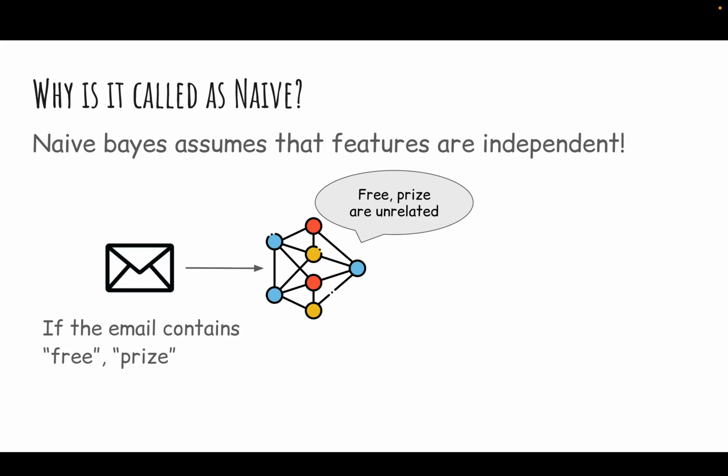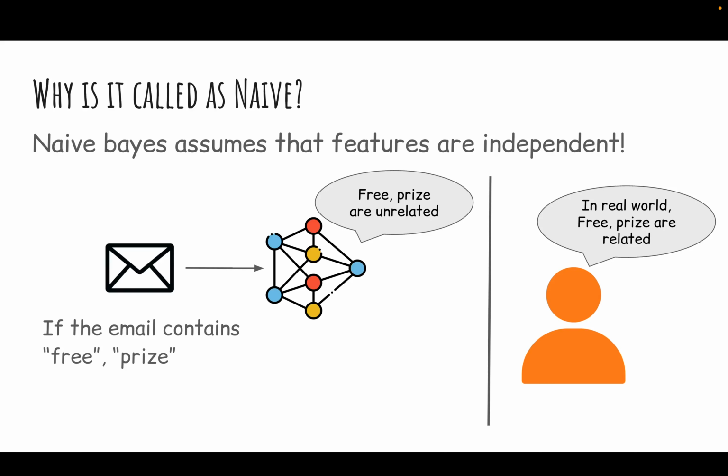They all contribute towards the final prediction individually. But in real life, we know that these words are related, because we know from our understanding of text that words are clustered together when we try to project them on 2D space. So this assumption is kind of wrong, but still it works greatly in real time.